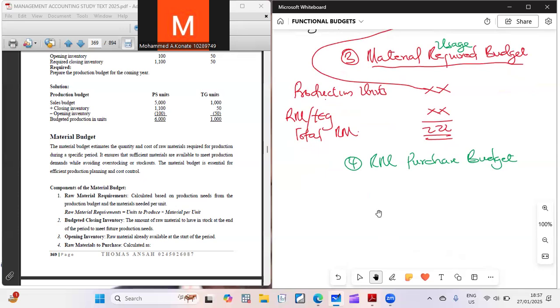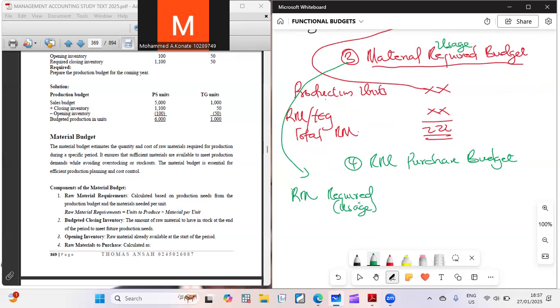That one too, you need the raw materials required or usage, the units that you did.